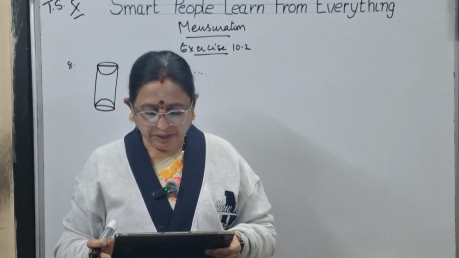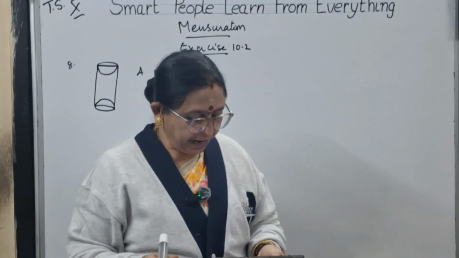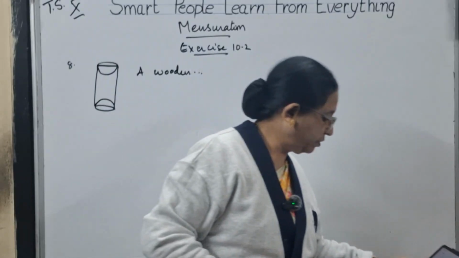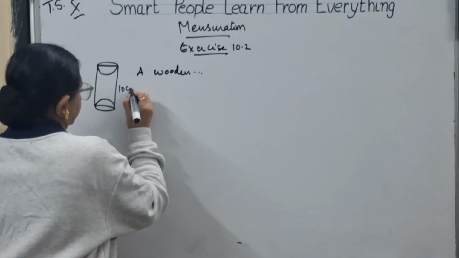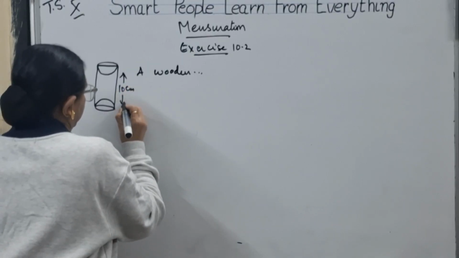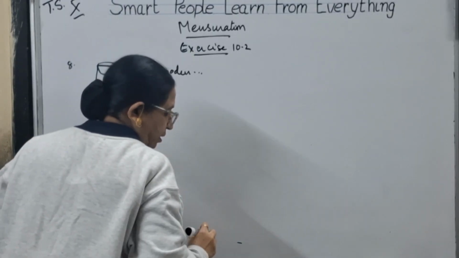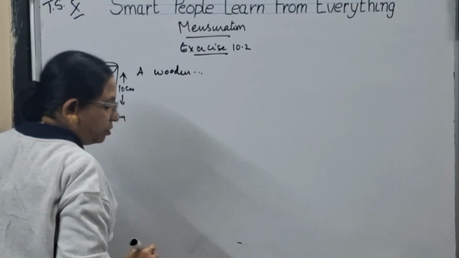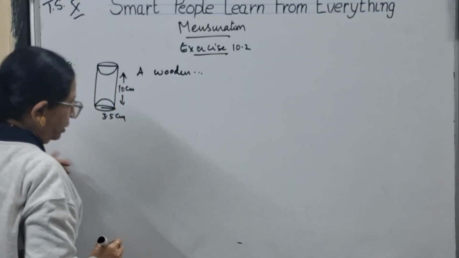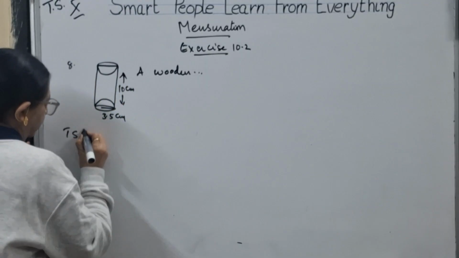If the height of the cylinder is 10 centimeters and its radius is 3.5 centimeters, height is 10 centimeters and radius is 3.5 centimeters. Now the question is, find the total surface area of article.